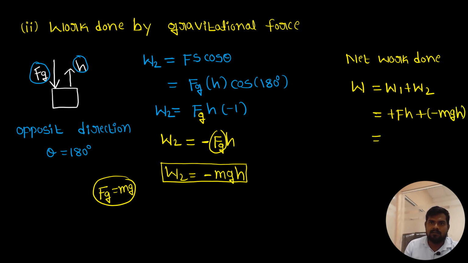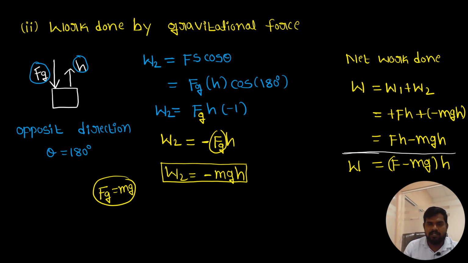That is equal to Fh minus m into g into h. h is common in this case. W is equal to F minus mg, times h. So this is the total work done on the object when we are lifting it vertically upward, as the external force is upward and the gravitational force is acting down. Okay, this is the total work.